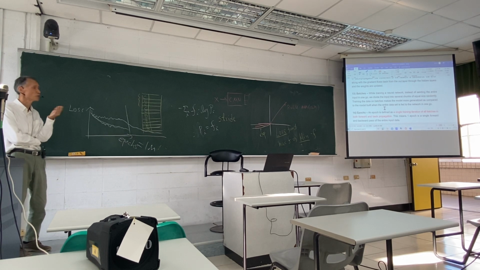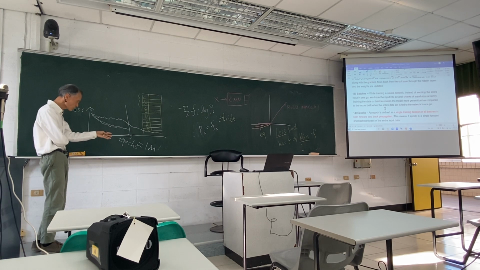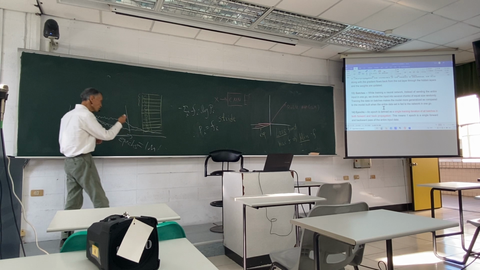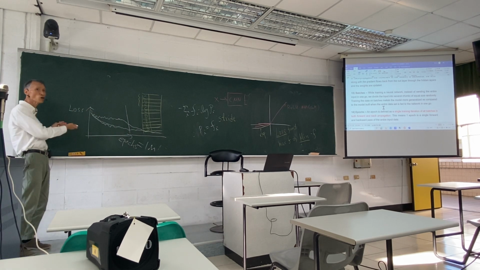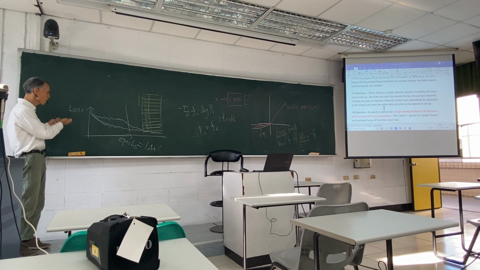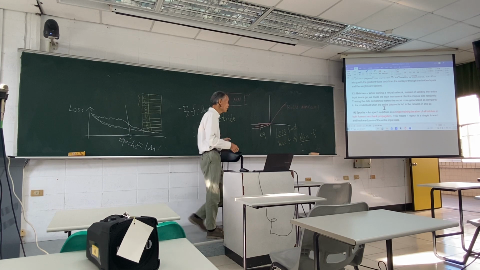Then you can increase the number of iterations and see if it converges or not. So always print out this loss value as a function of iterations. Okay, let's take a break.